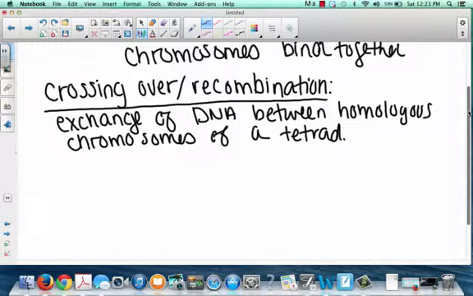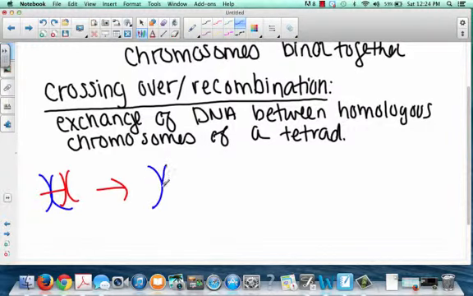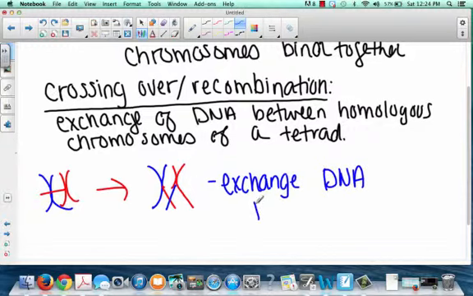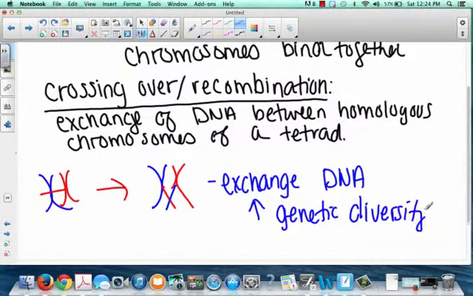Let's just draw that real quick: 2 blue and 2 red, and this is what they become. They exchange DNA, which we know increases genetic diversity. I'm just going to circle in yellow where that crossing over actually occurs.